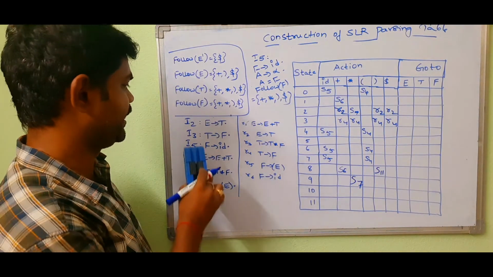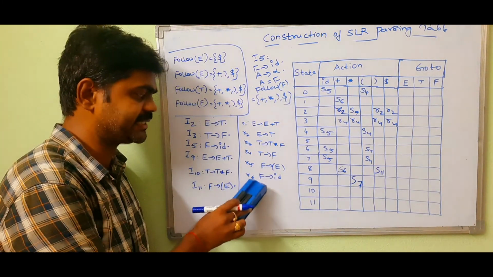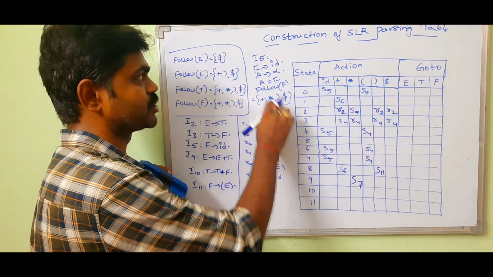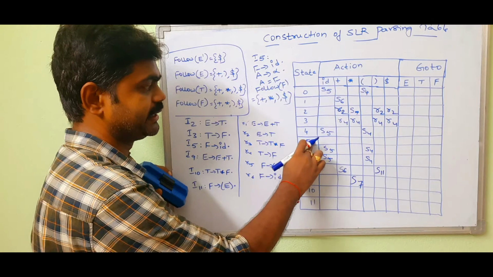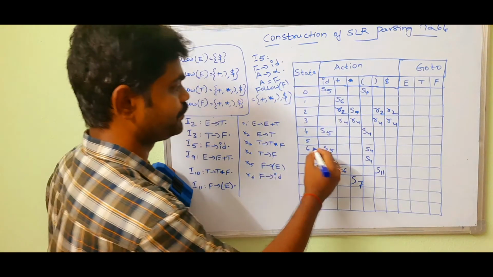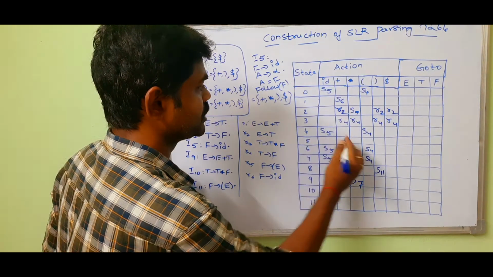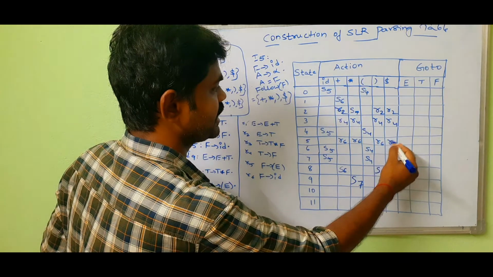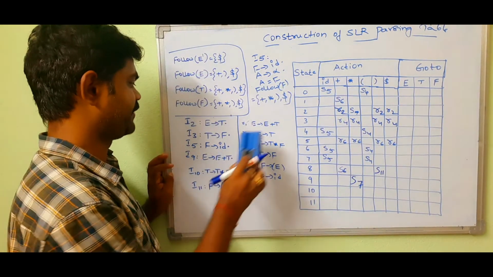So we need to check where is F tends to id. So F tends to id is at R6. So in the place of plus, star, right parenthesis, dollar and I5, write R6. So plus R6, star R6, R6, R6. Okay. So I5 is over.